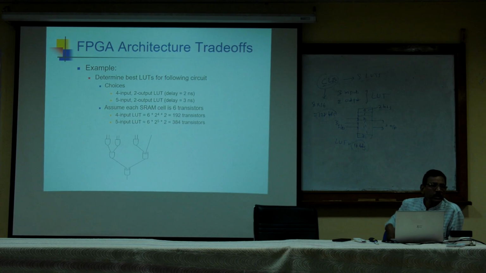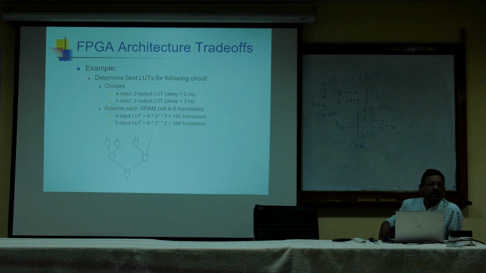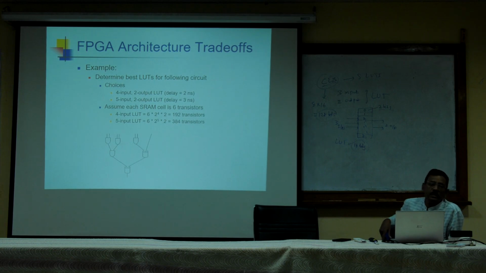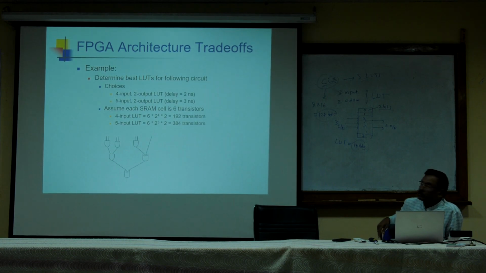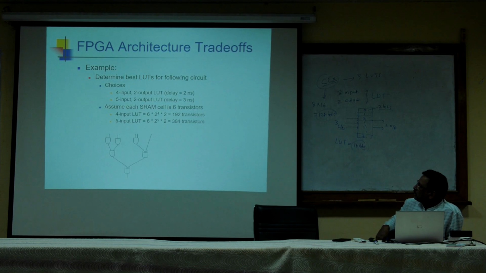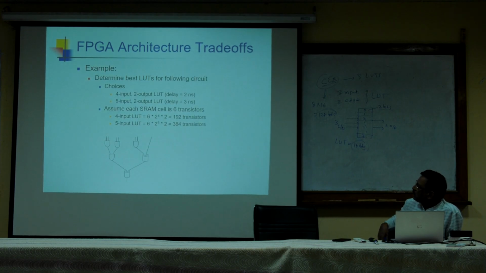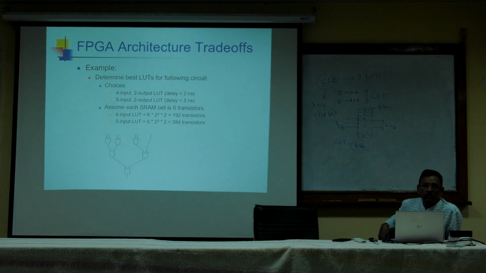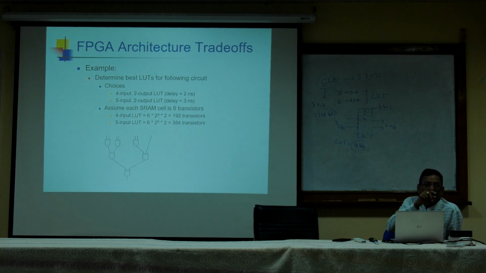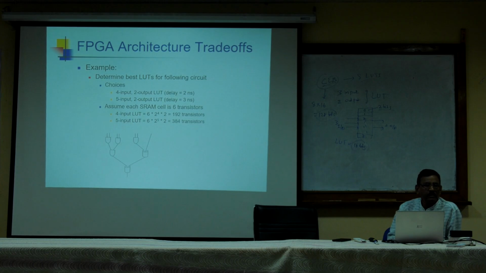4 inputs means how many cells? 2 power 4, 16 cells will be there. Each cell stores 2 bits, that means 2 RAM cells are required.